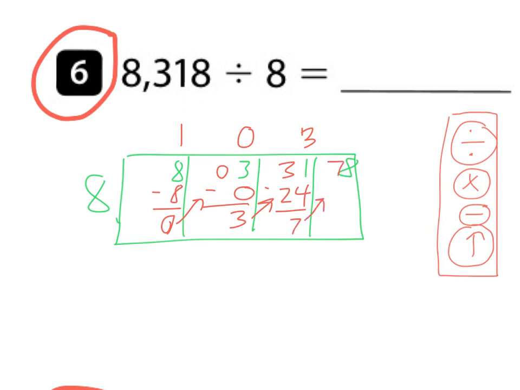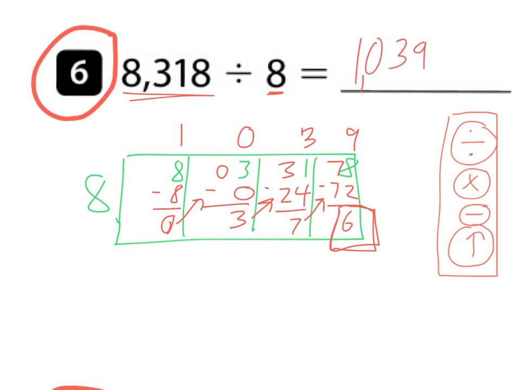And 8 goes into 78 9 times. 9 times 8 is 72. 78 minus 72 gives me a difference of 6. This is my remainder. So 8 does not divide evenly into 8,318, but our quotient is 1,039, remainder 6.